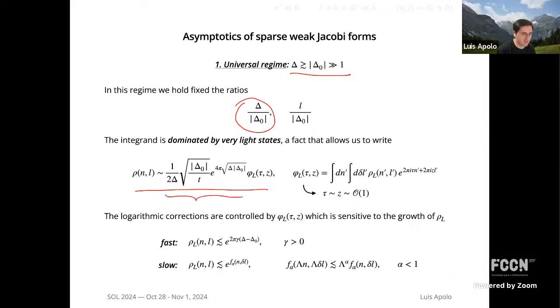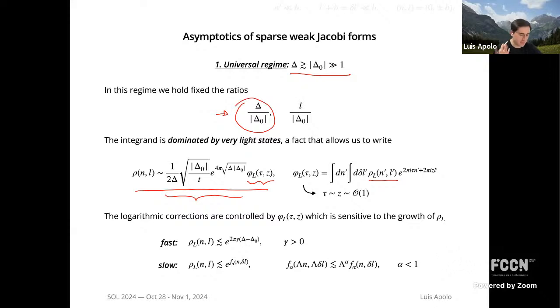So these terms here come from the crossing kernel. And this phi L here, it's a density for the light states, literally, and it takes this form. And here tau and z are these potential state values of order 1 in the regime where these ratios are fixed. And so you see that the answer explicitly depends on the density of light states.